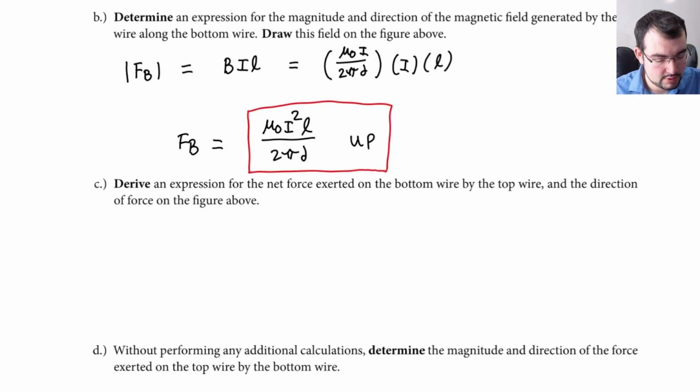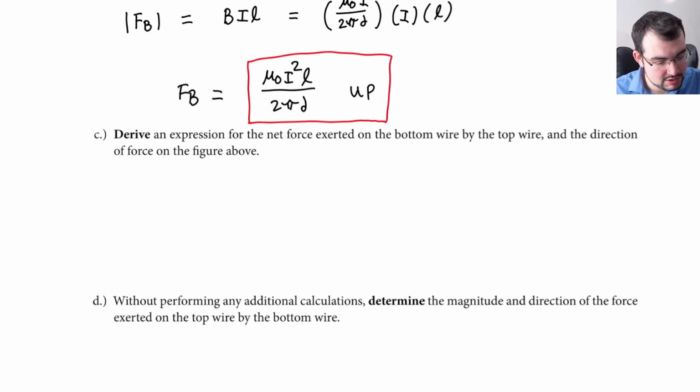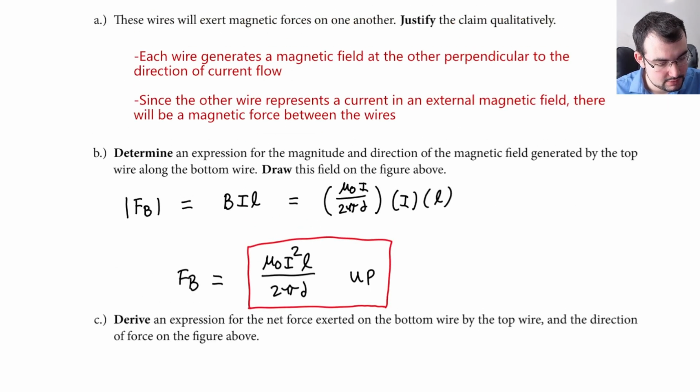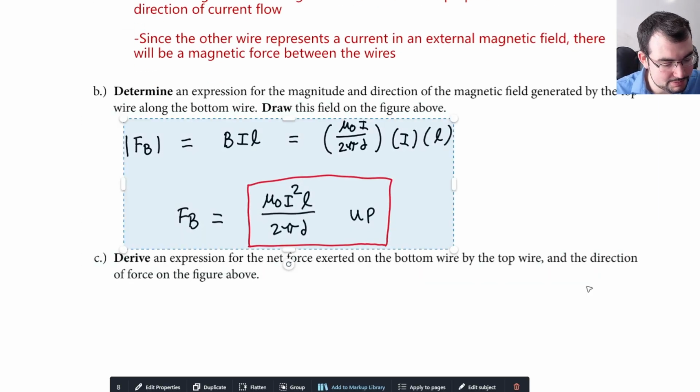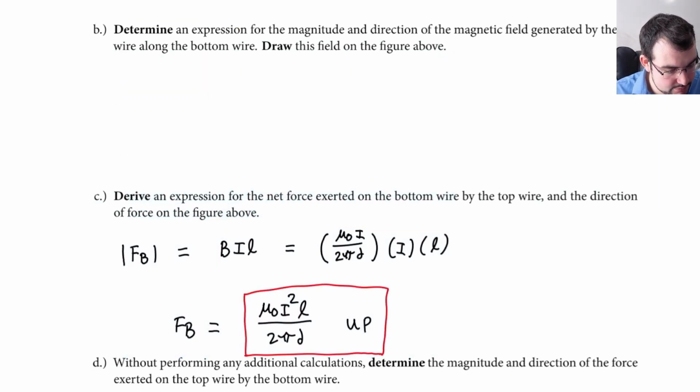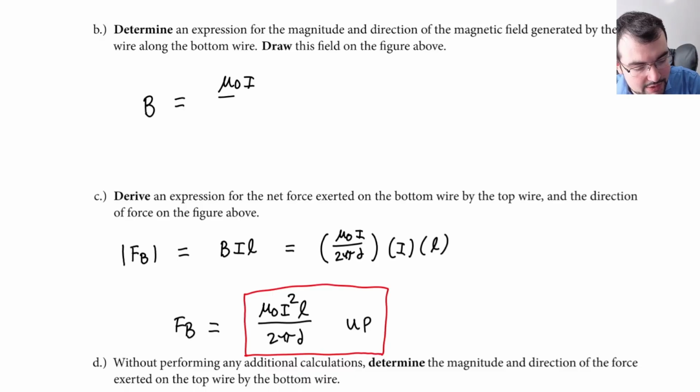So before we talk about that, what's the net force? Oh, this is the magnetic field. We did both of these things. We said earlier that B was just going to be mu naught I over 2 pi d into the page.